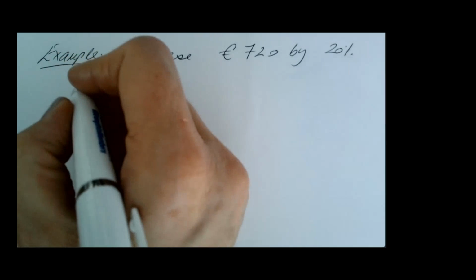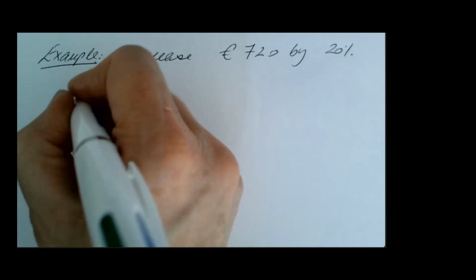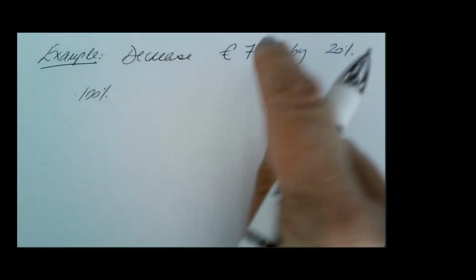Okay, let's try a decrease question the quick way. Okay, this time I've been asked to decrease 720 euros by 20%. So if I'm going to work out the percentage first, remember you always start with 100%. Okay, this is always representing your 100%. And then you're going to look to either increase or decrease it. In this case, we're decreasing.